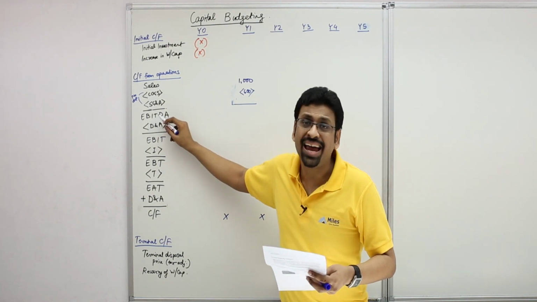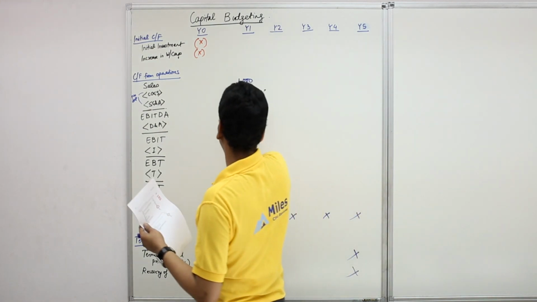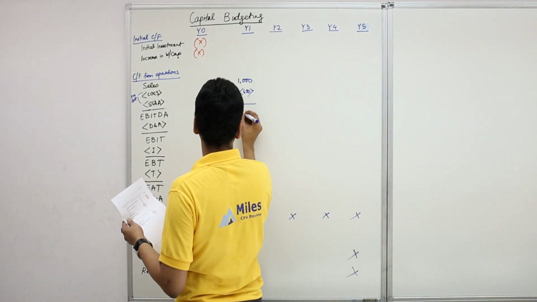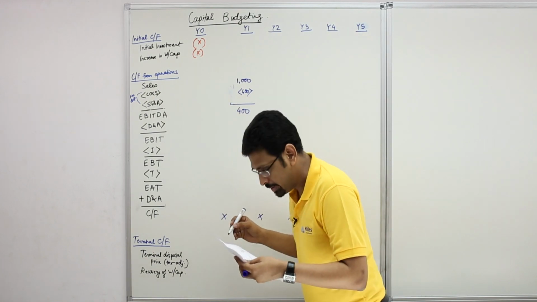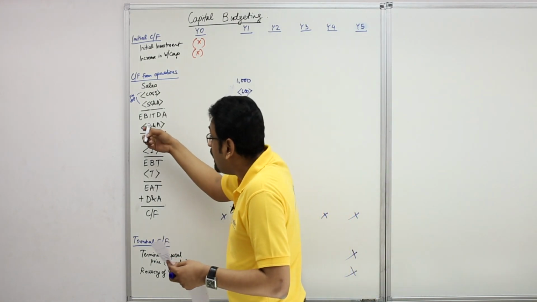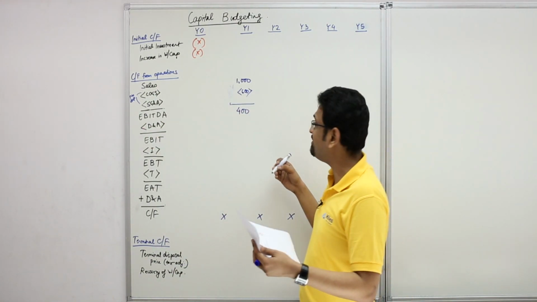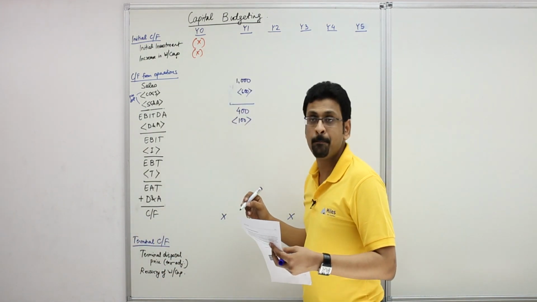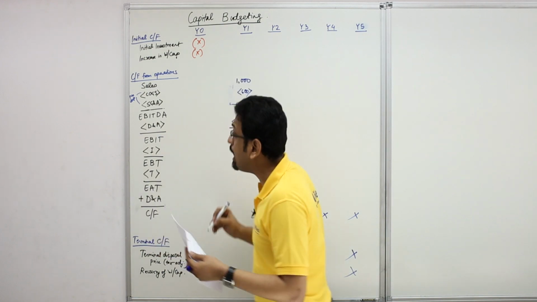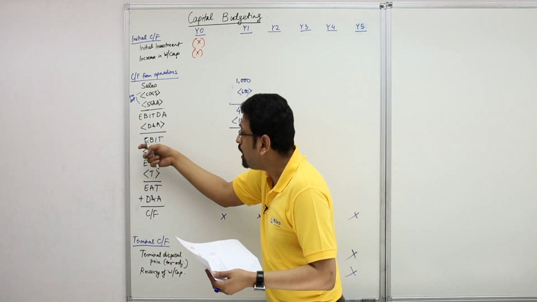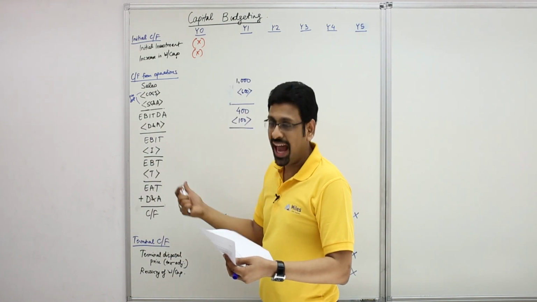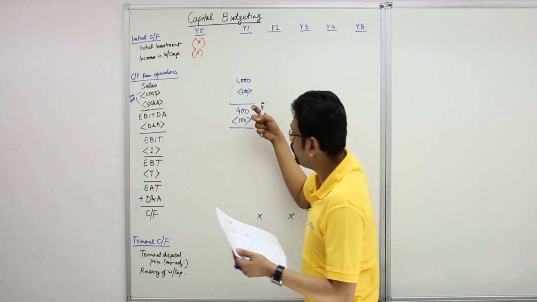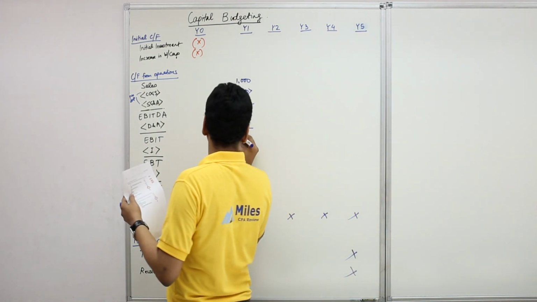So this one, let's say, is $400. EBITDA is $400. Then you have depreciation and amortization. So in this example, let's say it's $100 of depreciation. That gives you EBIT. EBIT stands for earnings before interest and taxes. So that calculates to 400 minus 100, 300.